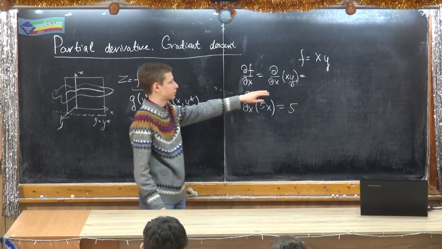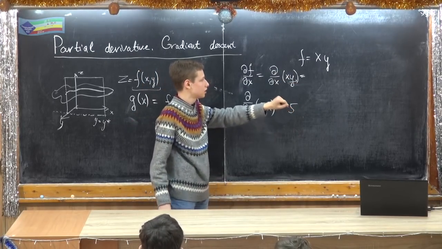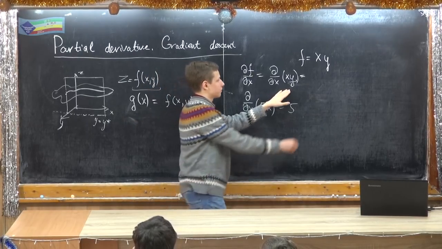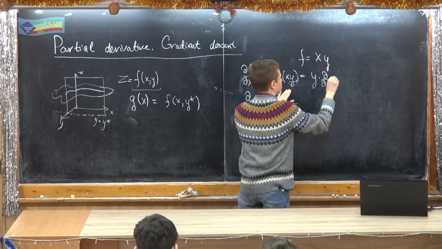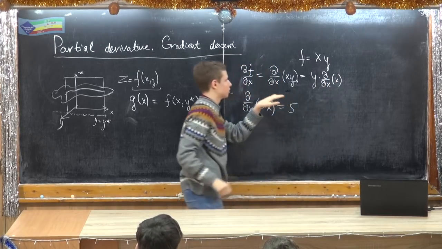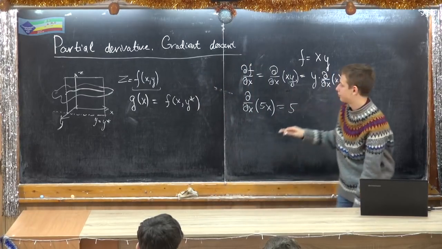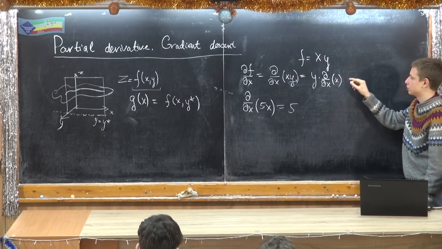And in case of taking the partial derivative of the z function, if y is a constant, then we just can move our constant out of the sign of the partial derivative, and the partial derivative of this variable is equal to 1.